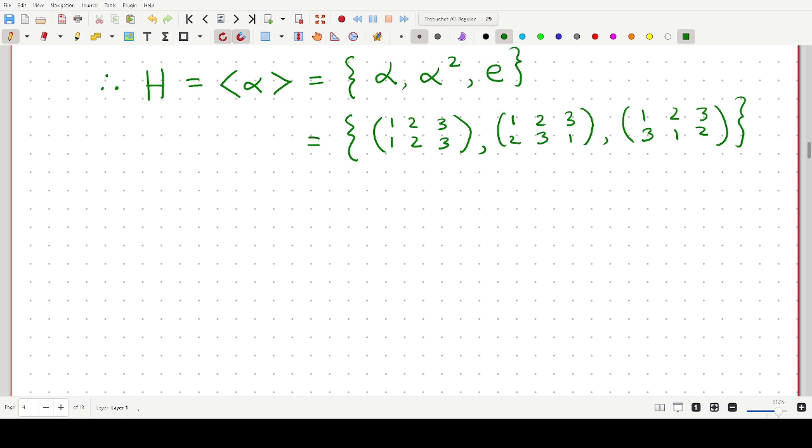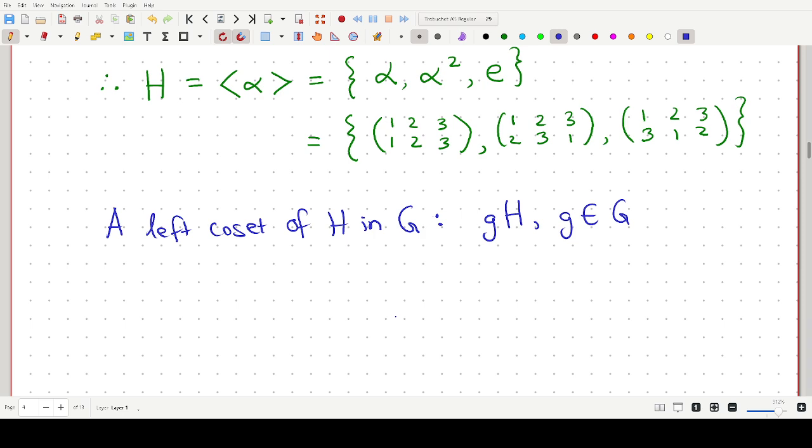We now need to identify the left cosets of this subgroup H. Now, a left coset of H in G is given by small g multiplied by H, where g belongs to the group. Now we need to identify this particular element g so that we can write the left coset.